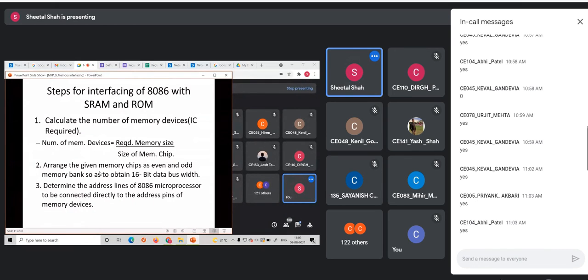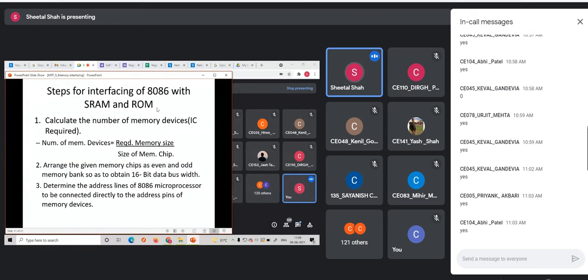We'll see. So calculate the number of memory devices which are required. Say suppose I'm having 1K ICs, okay, and I want the maximum capacity of the memory to be only 64K. Then what I can do is 64K by 1K. That would be the number of ICs required. Okay, so using this, calculate the number of memory devices.